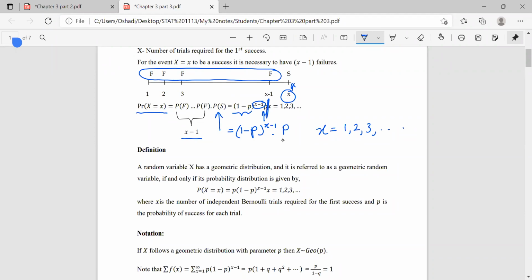That means the probability that the first success occurs in the X-th trial is equal to P into (1 minus P) to the power X minus 1, for X equals 1, 2, 3 likewise, where X is the number of independent Bernoulli trials required for the first success and P is the probability of success for each trial. Again, there should be a space; please correct it.